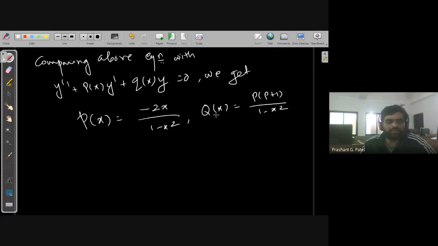Clearly this p of x and q of x are analytic at the point x equal to 0. Hence we can say that x equal to 0 is the ordinary point.